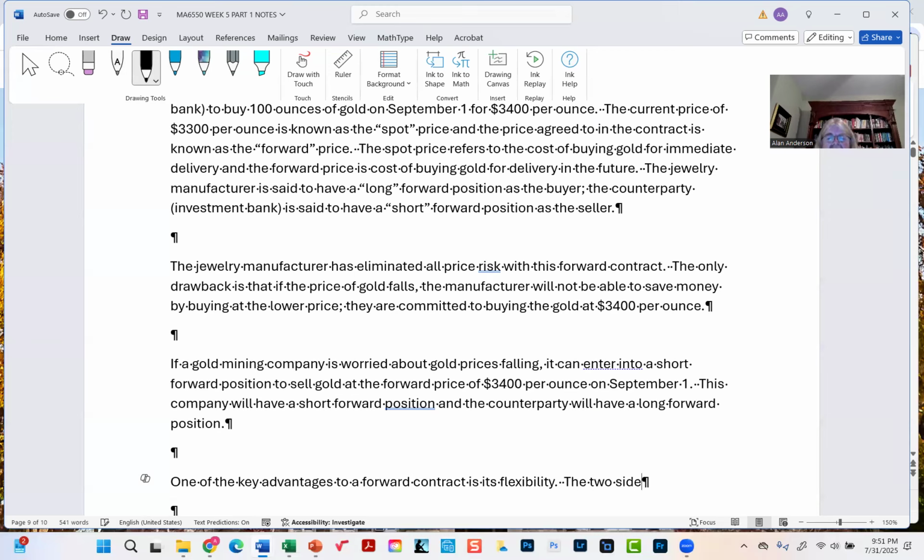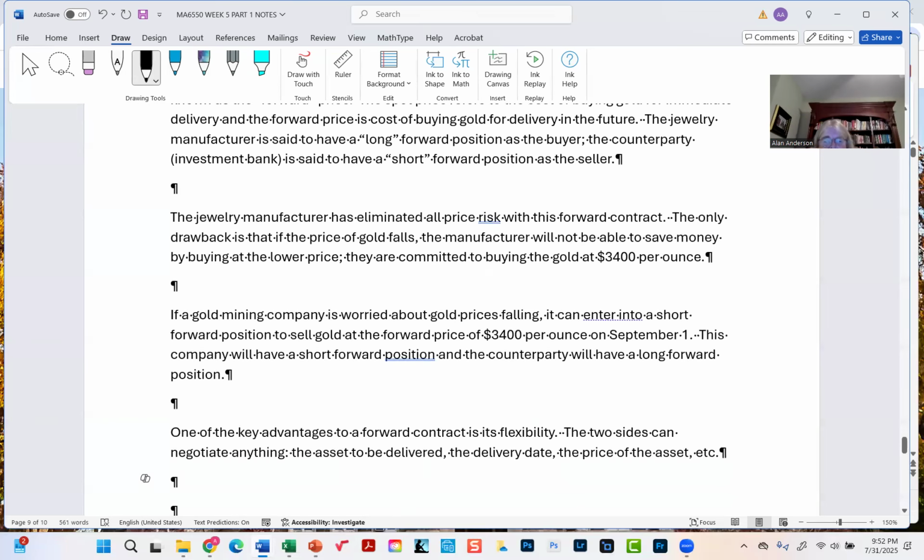The two sides can negotiate anything: the asset to be delivered, the delivery date, the price of the asset, etc. So it's completely flexible.